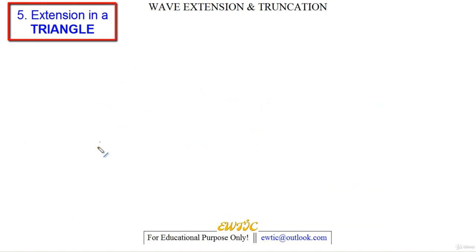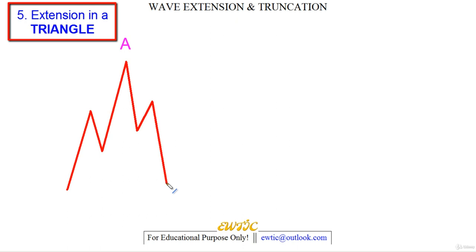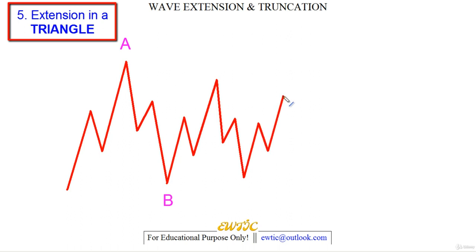Also, as we have discussed, sometimes one wave takes the shape of a triangle within a triangle. That is also considered as the extension, right? This is wave A of a triangle, this is wave B of a triangle. Let's say that wave C has taken the shape of another triangle that looks like that, right?